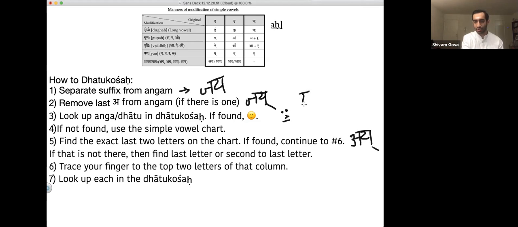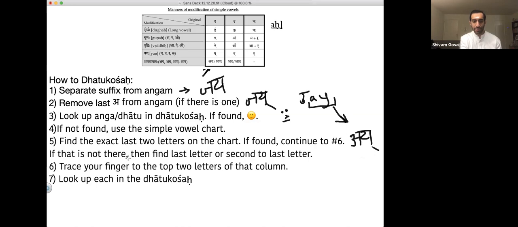Because right now I'm looking at the word jay. Now jay ends with akara and yakara. So therefore, we found those last 2 letters. Now, those last 2 letters we look up on the chart. Do we see them anywhere on this chart? Yep, we see it here, right at the bottom. It has to be an exact find, okay? We see it.